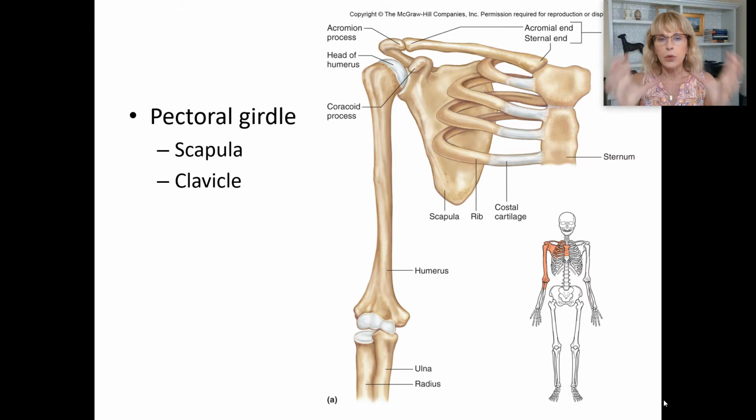Now, with this video, you may want to stop it after a certain amount of time and go over to the images that show the actual bones against that blue background, right? So the pectoral girdle. The pectoral girdle is the scientific name for the arm and the way the arm attaches to the torso.